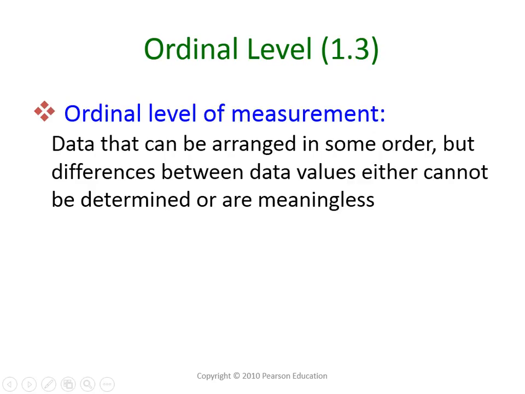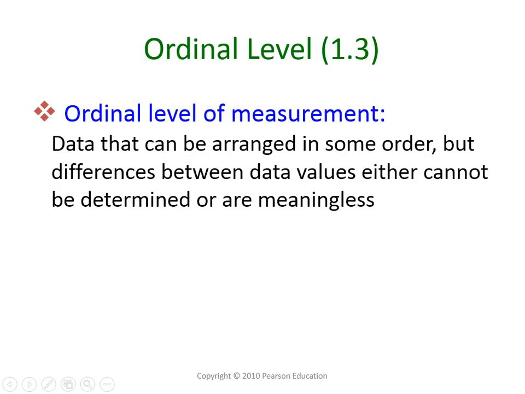But just because you get a red ribbon instead of a blue ribbon doesn't mean that you were just a certain amount worse than the blue ribbon. It just means it wasn't as good. There's no definite measurement that you can use to say it was 5 points better or any kind of thing. It was just better. The blue ribbon was better than the red ribbon was better than the white ribbon.